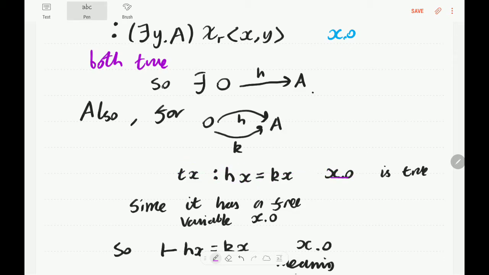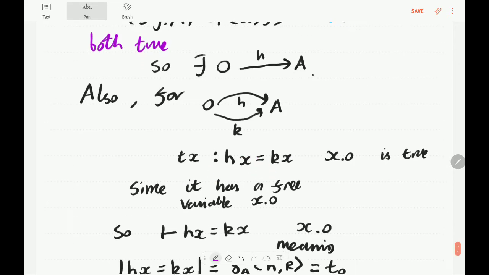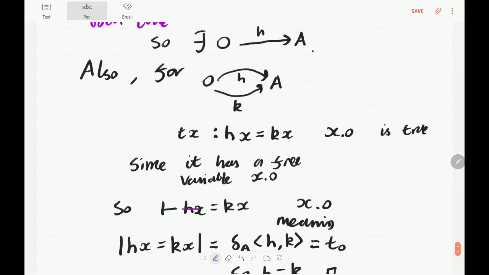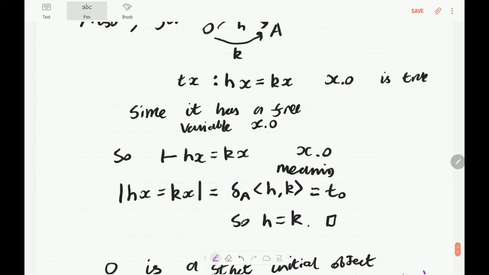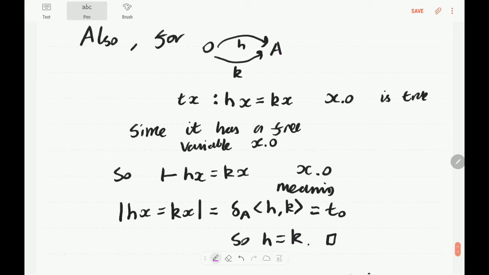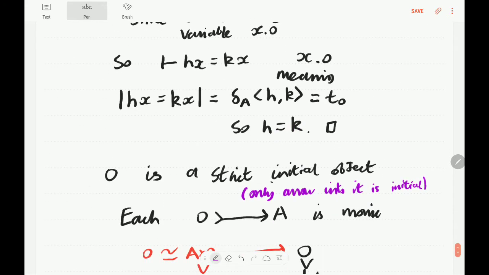And again, since this is a free variable X in 0, by the previous result, this is true. So what that means is we can say it's okay to say HX is KX for X in 0. What's that mean? Well, if we interpret it, what it means is that H equals K. So there's only one arrow from 0 to A. So that means that 0 is indeed an initial object.